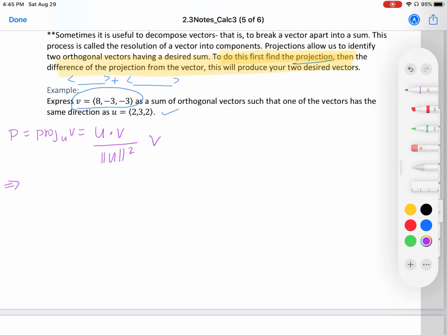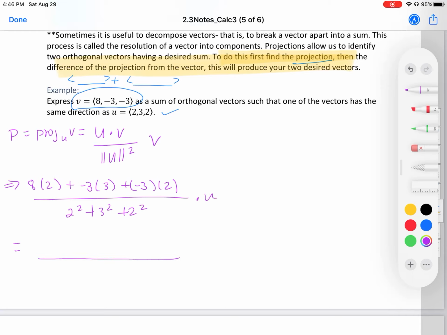All right. So for the dot product, we have 8 times 2 plus -3 times 3 plus -3 times 2, divided by 2 squared plus 3 squared plus 2 squared, and then our vector u.